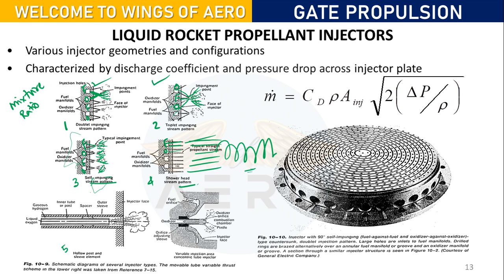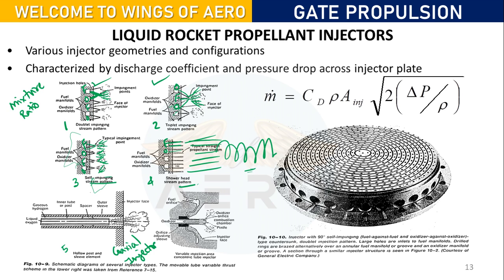Now comes the last one, the hollow post and sleeve element, also known as the coaxial injector.